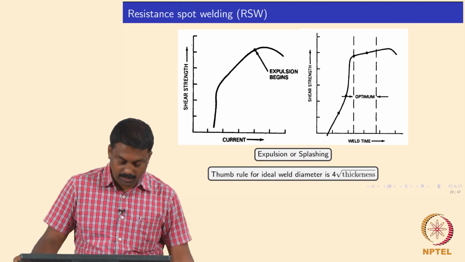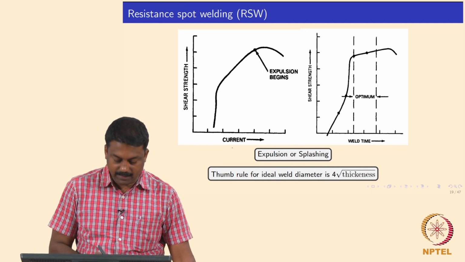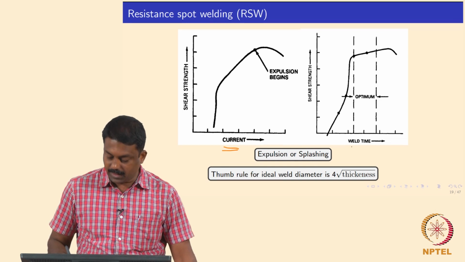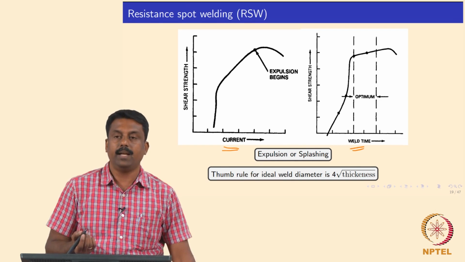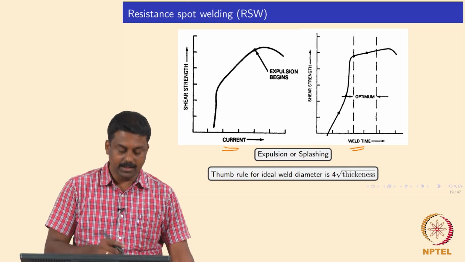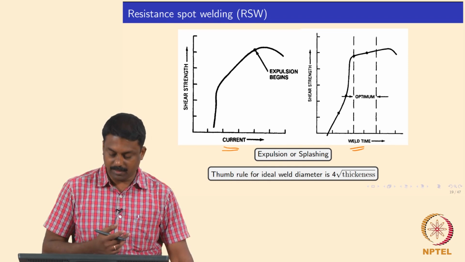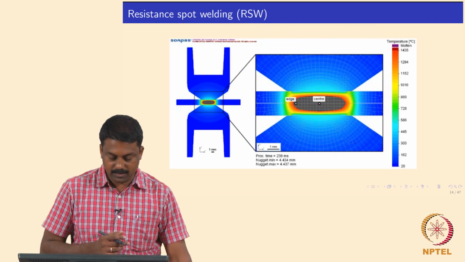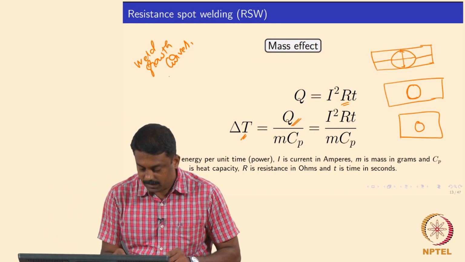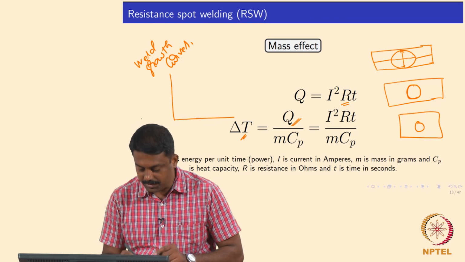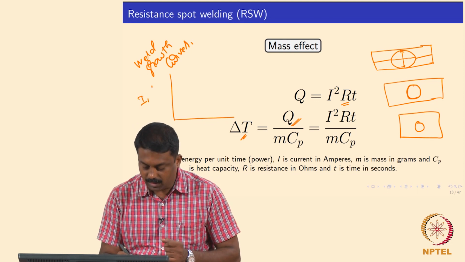Basically, the weld growth curve is what we develop as a function of current and welding time, to get the weld nugget diameter. Okay, in this case I plotted strength, which is proportional to the weld nugget diameter. So you plot as a function of current or welding time.